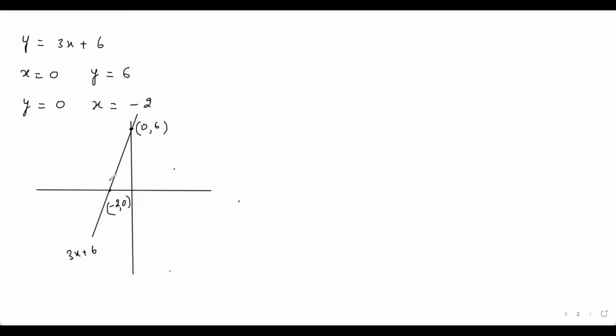Now, let this point be A. So A is the point where the graph of the polynomial 3x plus 6 cuts the x-axis. I'm going to find the zero of this polynomial. Let k be the zero of the polynomial.